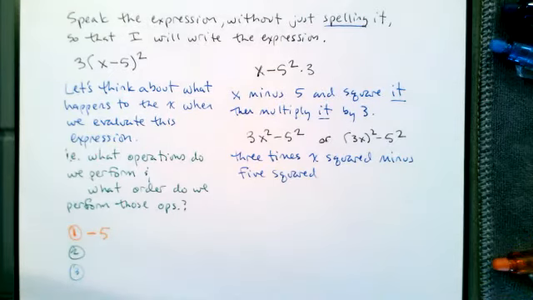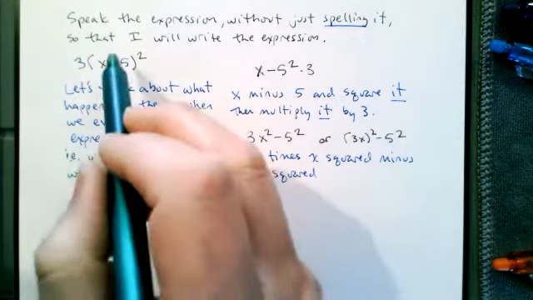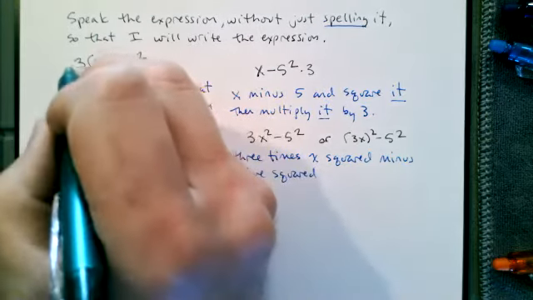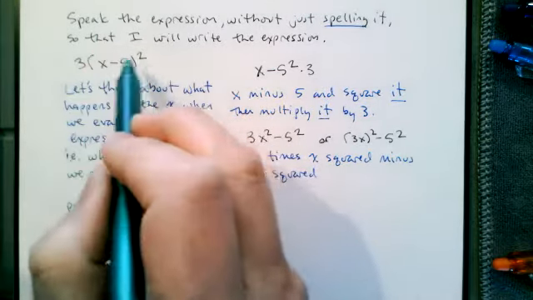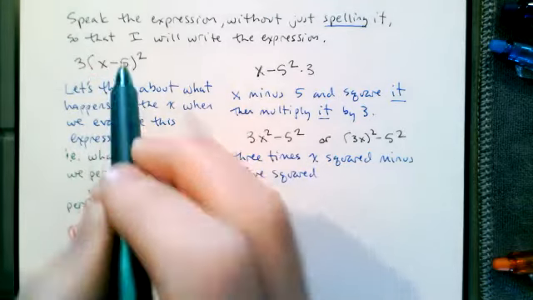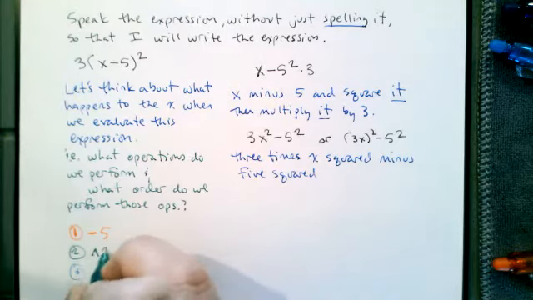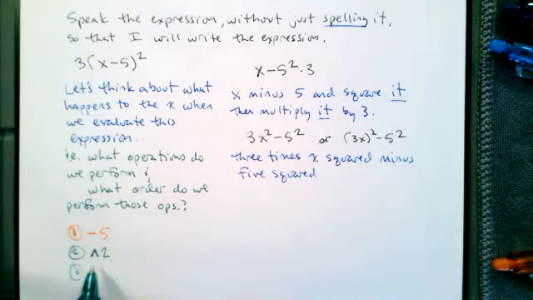If we think about it with numbers, we're going to do the exponent first. So we have 12 minus 5, that's a 7. So I've got 3 times 7 squared. Exponents go before multiplication unless parentheses. I don't have parentheses around the 3, so the exponent only applies to the x minus 5. So the next thing we do is exponent, to the second power. I'm just going to write the operation I'm doing and then how much I'm doing that operation.